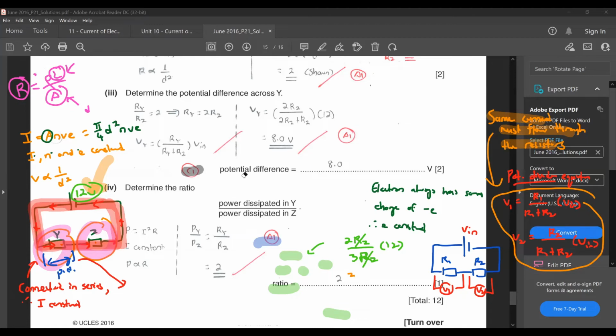Okay, power can be any number of things that you would have learned towards the end of the chapter. It is either P equals I squared R, P equals VI, or P equals V squared over R. All right. So you can choose either one of these, but there's one that is most suitable.